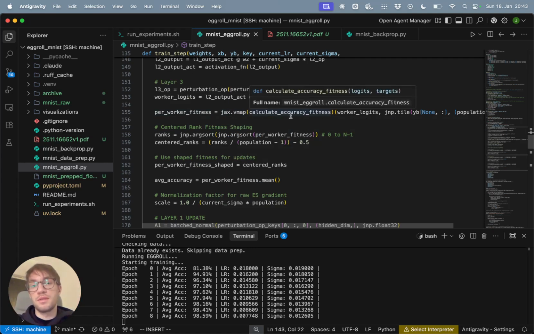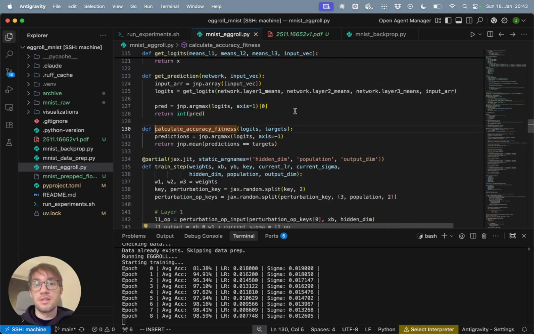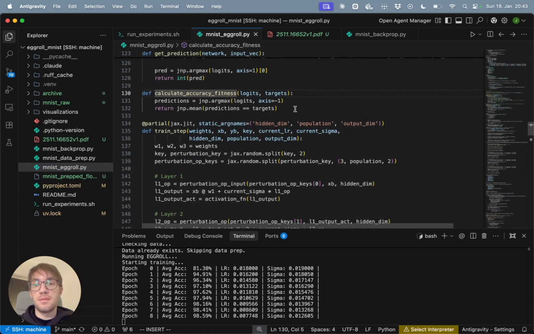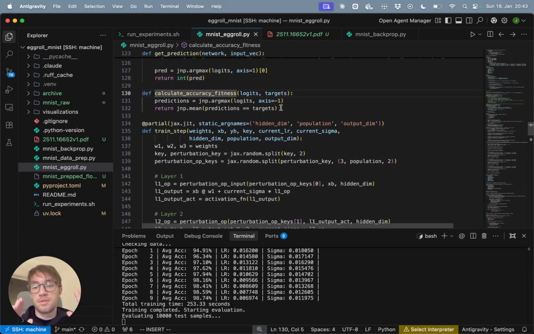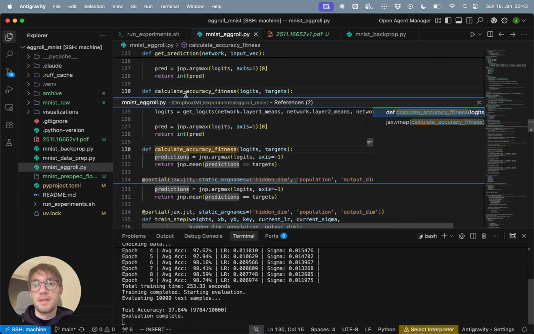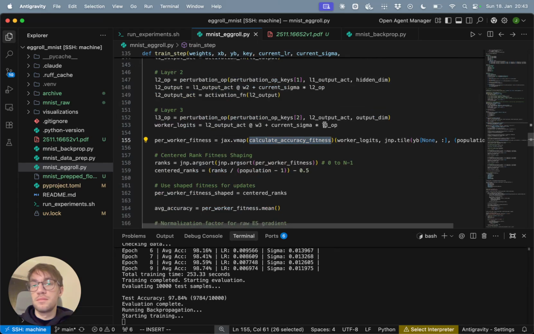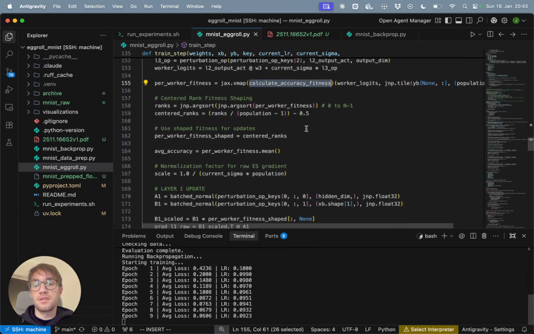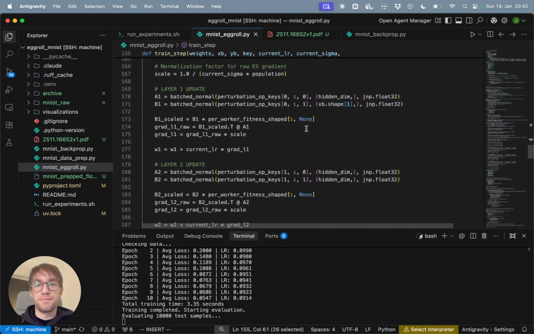I first used a standard thing we would use in backpropagation, cross entropy, but realized it's much more stable and converges much better when I use just the raw training accuracy. So that's what I did here. Then I'm ranking and normalizing it to keep the variance constant.